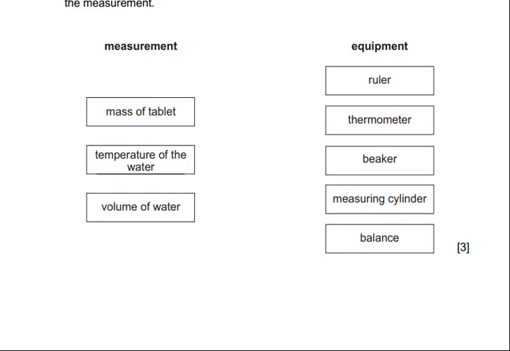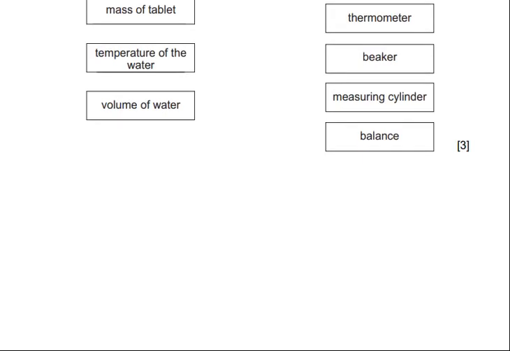Now, first one, mass of tablet. We know that mass is usually measured by a balance. So balance is the right one. Temperature of water. We know temperature is usually measured by thermometer. And volume of water is usually measured by measuring cylinder.